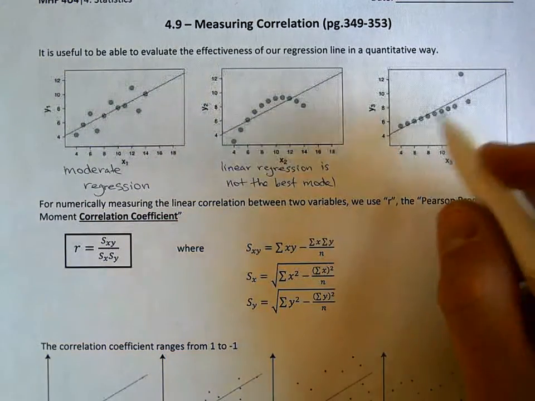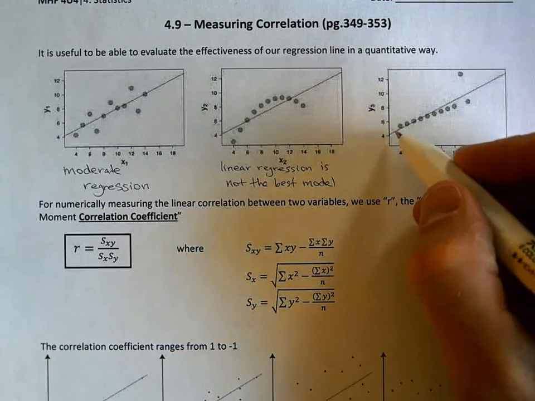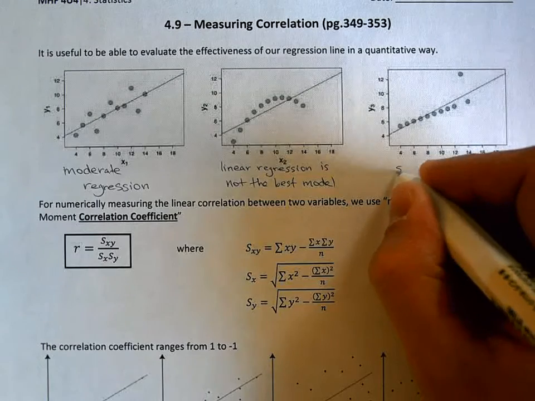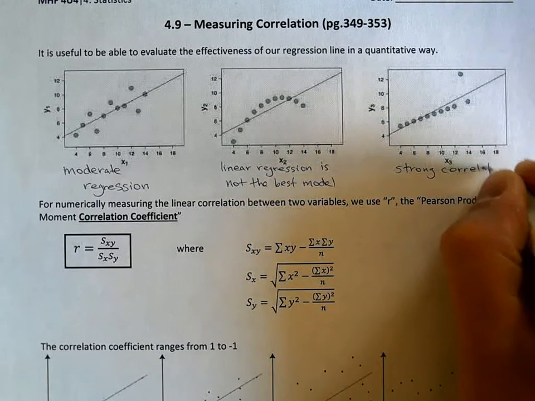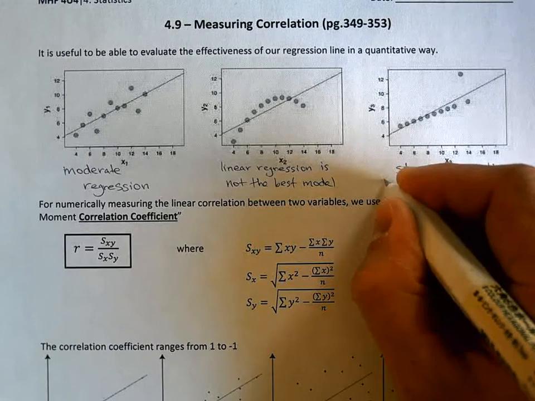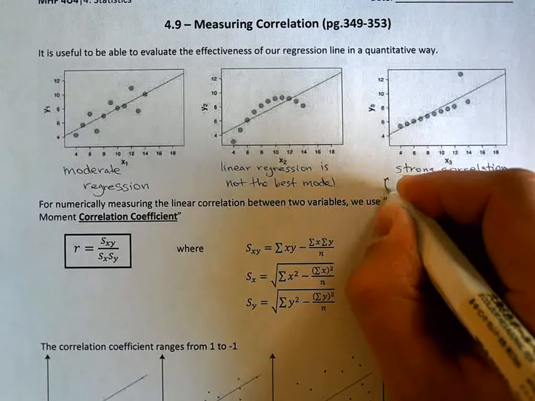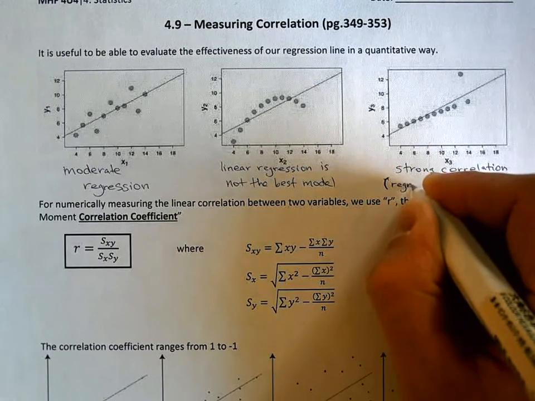And in this one, the points are very close to the line of best fit, so this is a strong positive correlation. When something is a strong correlation, we say that the regression line is a good fit.